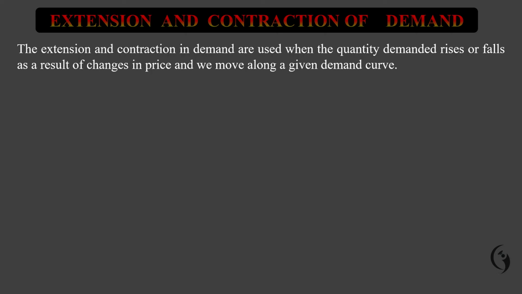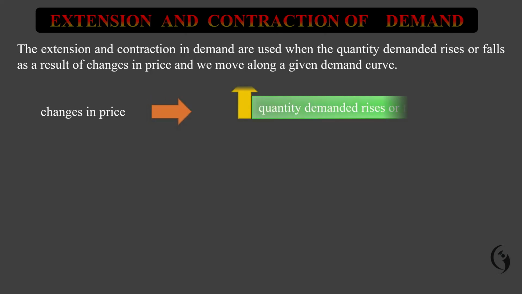Extension and contraction of demand are used when the quantity demanded rises or falls as a result of a change in price, and we move along a given demand curve. A change in the demand curve leads to demand increasing or decreasing.